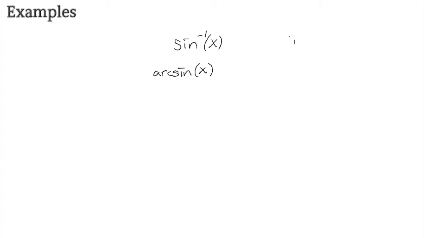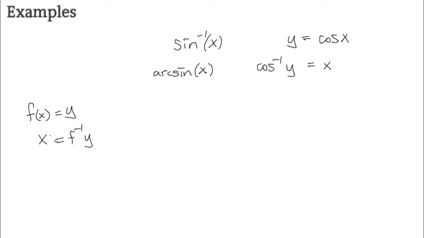So if we have a function y equals cosine of x, then the inverse function would normally be arc cos, such that if the function of x equals y, then the inverse function of y equals x.